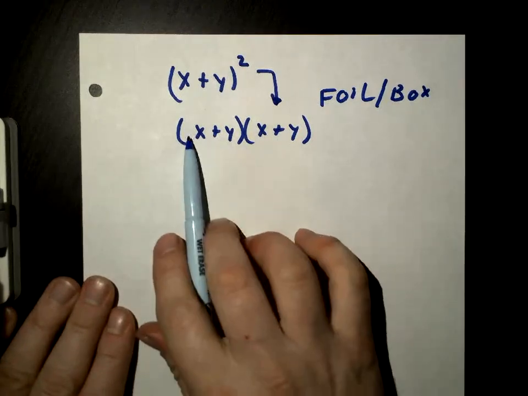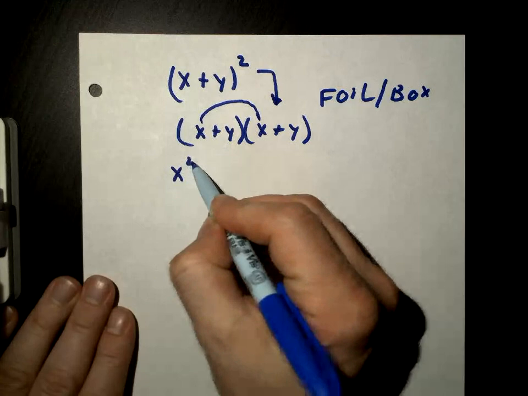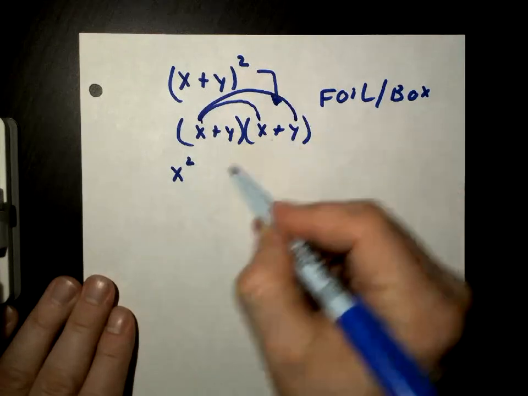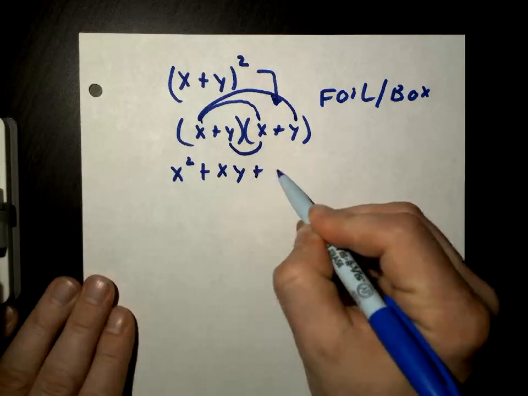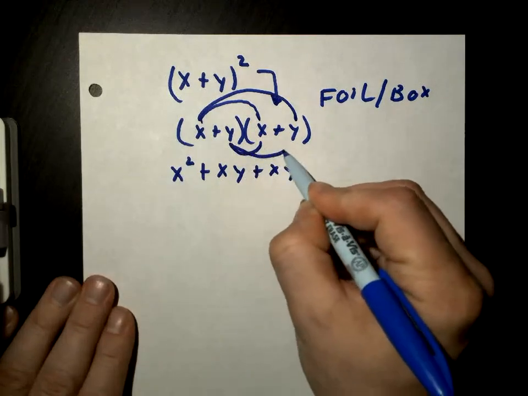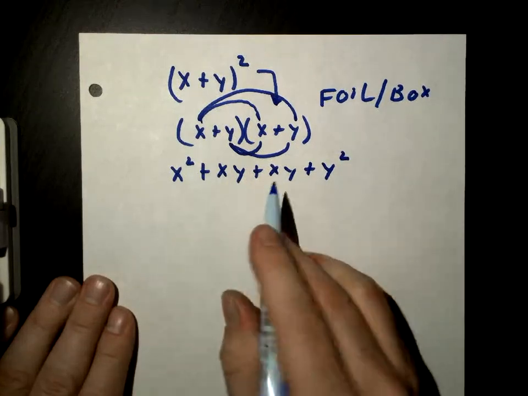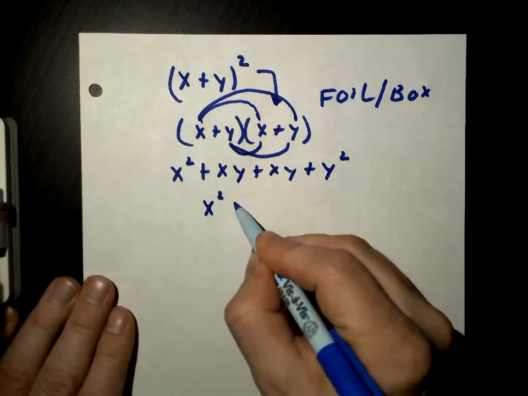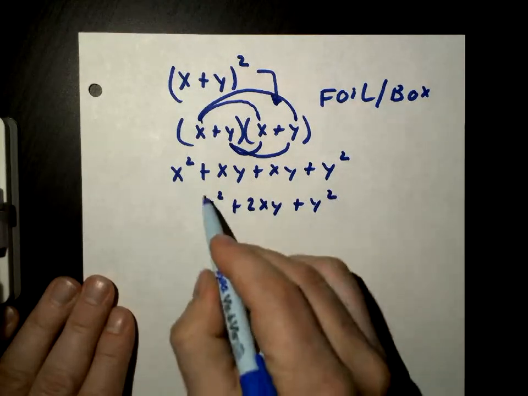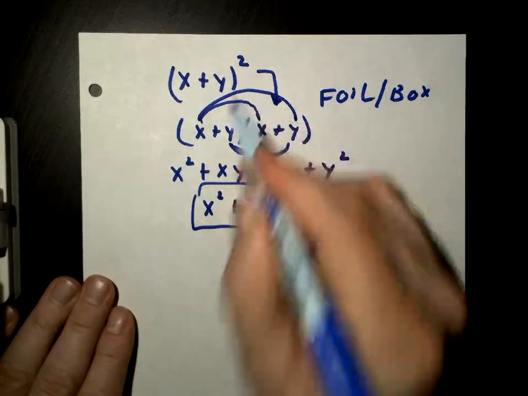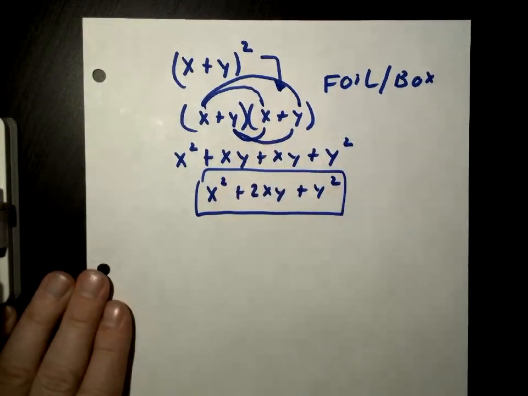So if you did FOIL, this times this is x squared, this times this is xy, this times that is still xy, and this times this is y squared. Then you combine like terms, and you have x squared plus 2xy plus y squared. That's what you get when you do the square. That's great. We can do that.